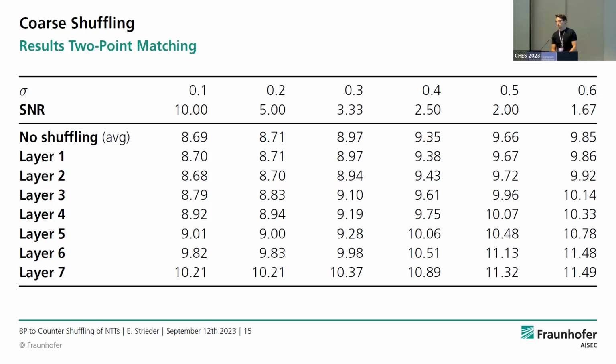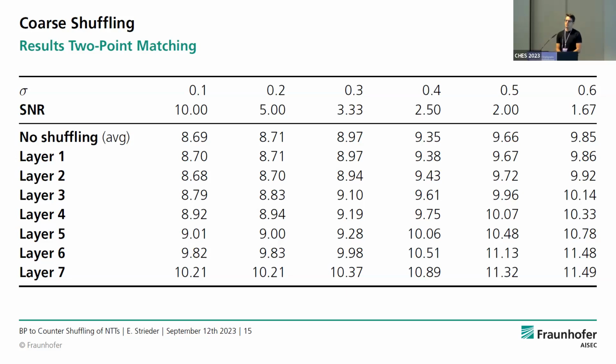You see here a table of entropy levels at each variable node of the NTT graph in each layer. Don't worry about the second to the end column, just look at the first column first. We have here a sigma of 0.1, and in the third row the line no shuffling.